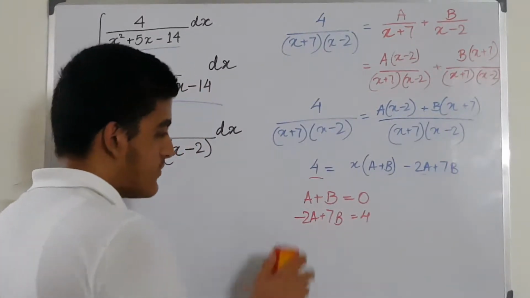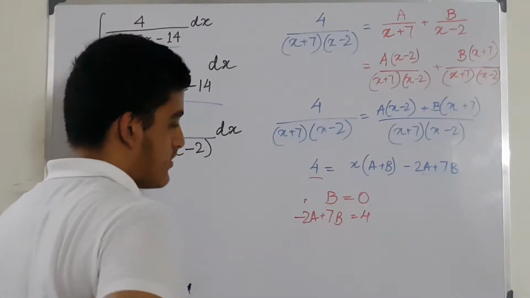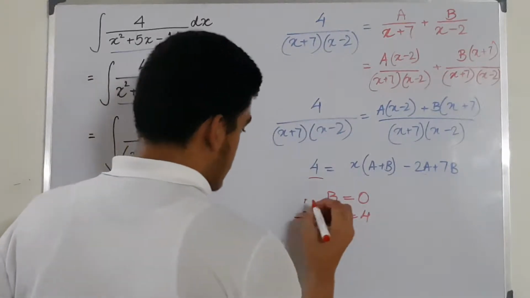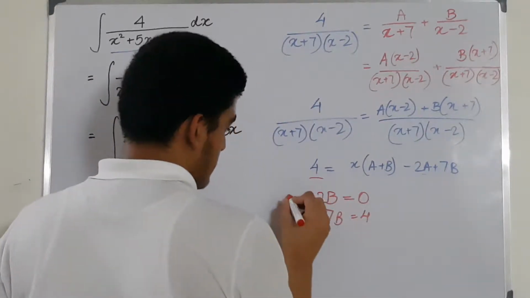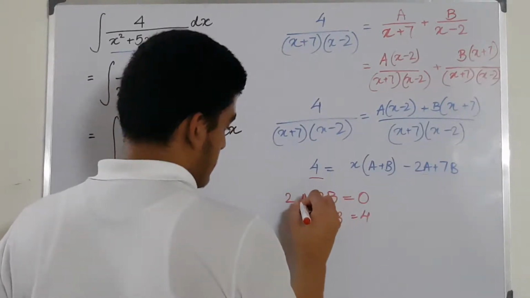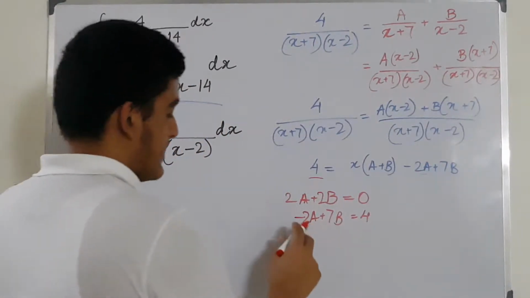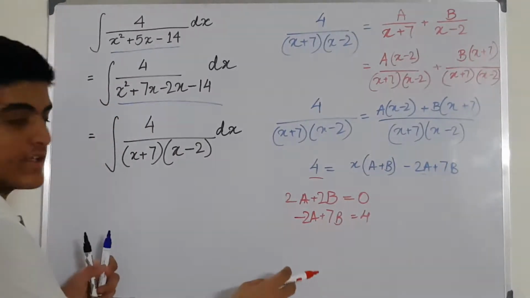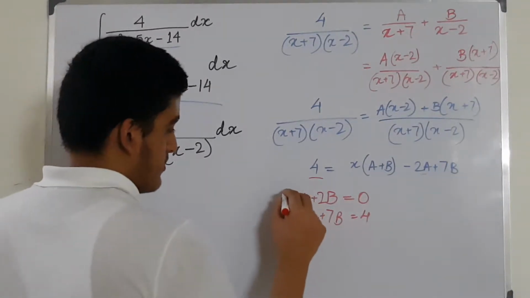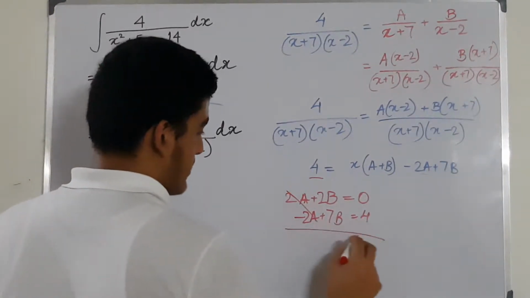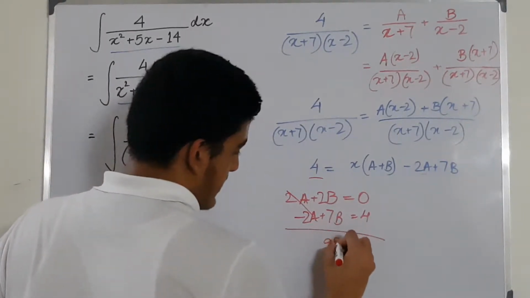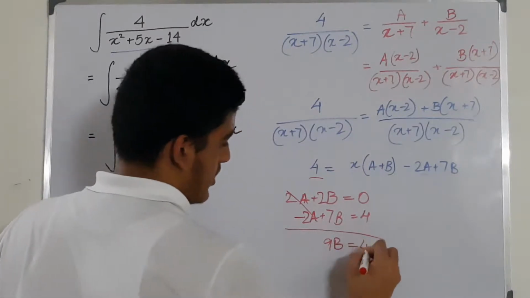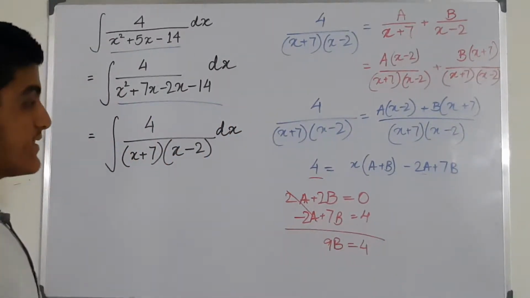If I just multiply 2 into the first equation, I get this, and if I add these two equations, I just cancel out the A part, and I have 9B is equal to 4.